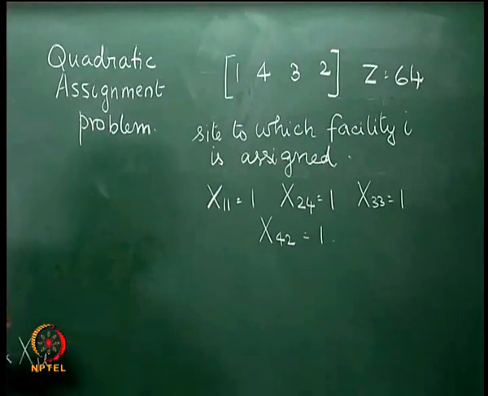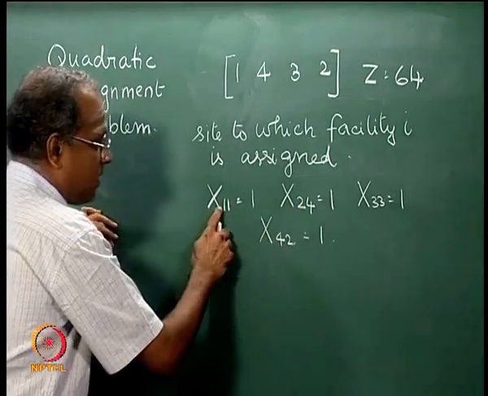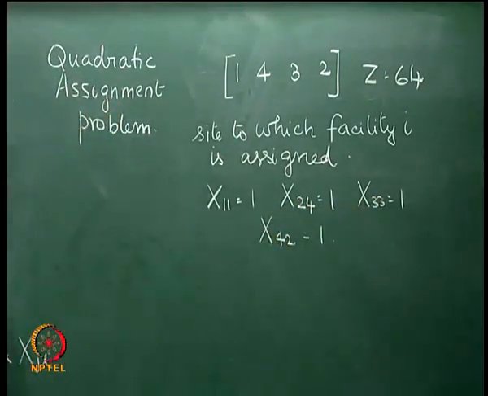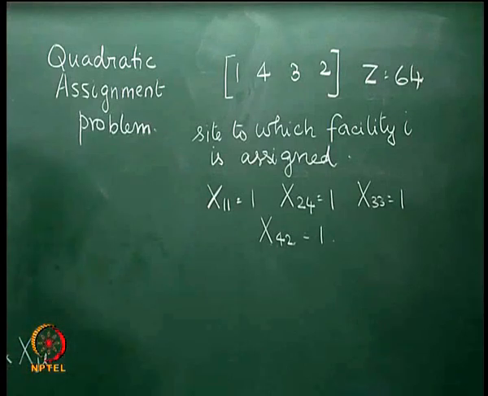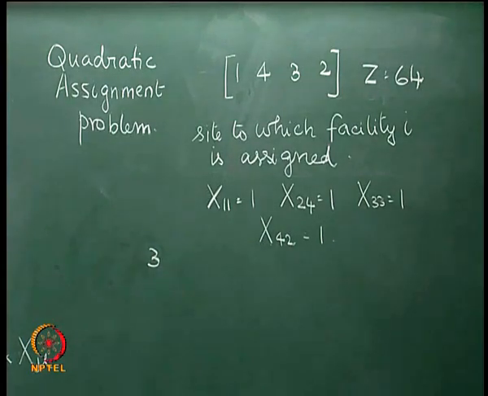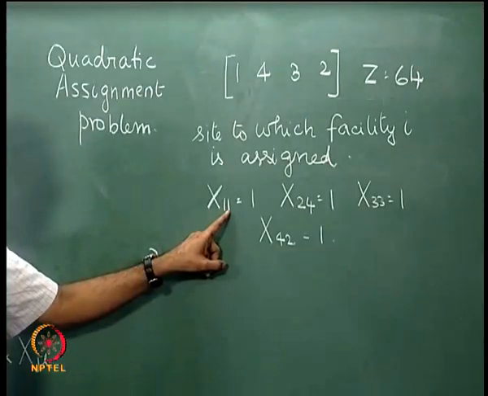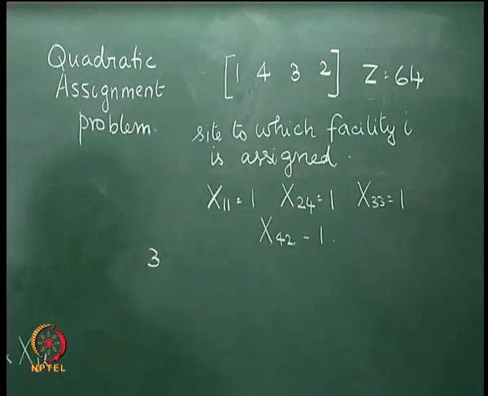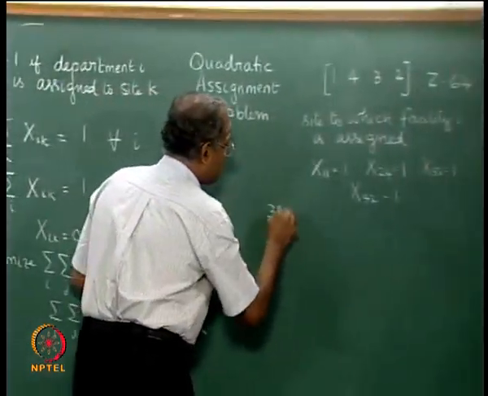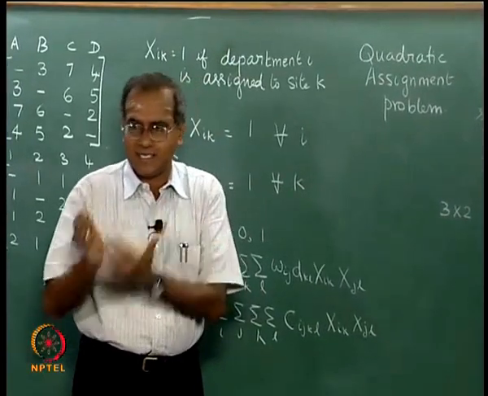So, now there will be 6 interactions: between facilities 1 and 2, 1 and 3, 1 and 4, 2 and 3, 2 and 4 and 3 and 4. For facilities 1 and 2, the material movement W is 3, and they are allocated to sites 1 and 4 respectively. So, distance between sites 1 and 4 is 2. So, we get 3 into 2, plus interaction between facilities 1 and 3.